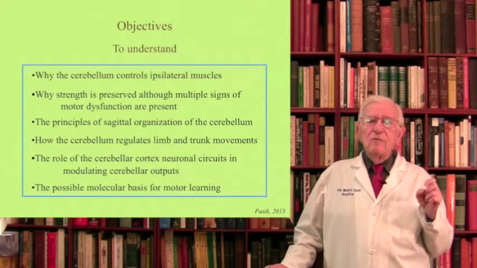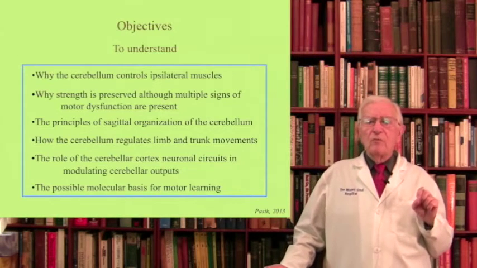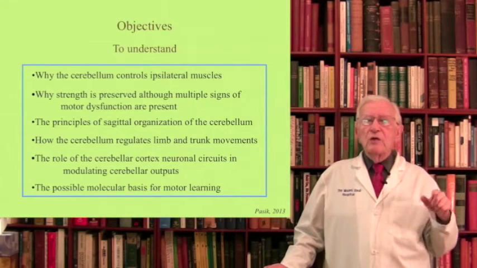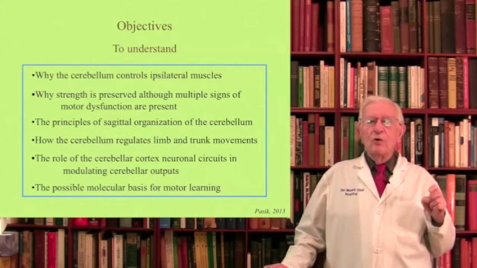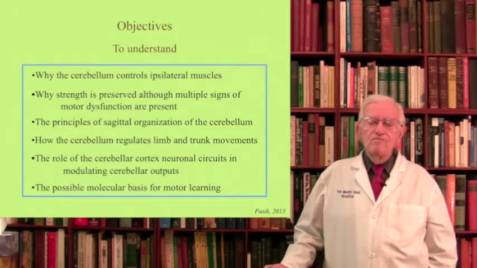And finally, if we have time, we may touch on the possible molecular basis for motor learning, because the cerebellum not only controls the motor system, but also has a role in learning motor skills and in storing them.